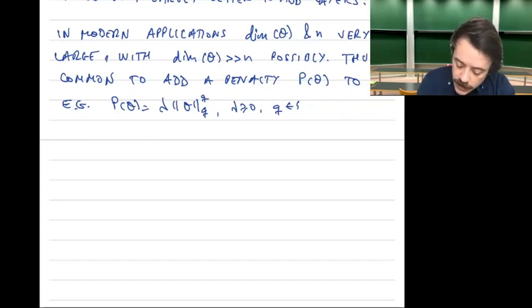Okay, so let me, okay, one sec. Yeah, we need to remove the bias nodes, right? The bias parameters.